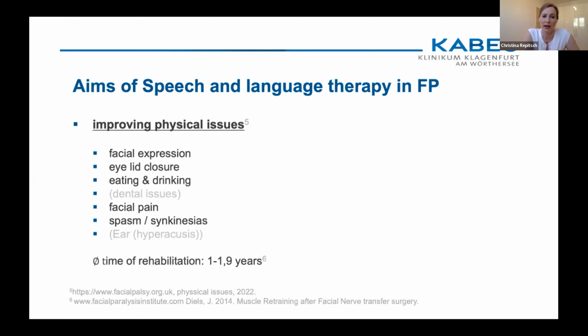We want to improve eyelid closure, eating and drinking. We also want to reduce facial pain and have an impact on spasms or synkinesias. Based on our practical work and scientific data, we know that the average interval between the first and the last visit in the clinic is about 1 year or 1 year and 9 months.